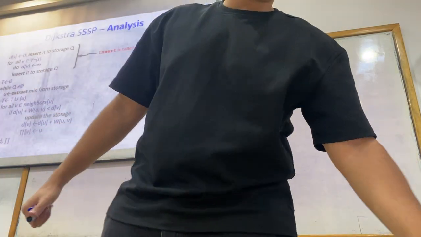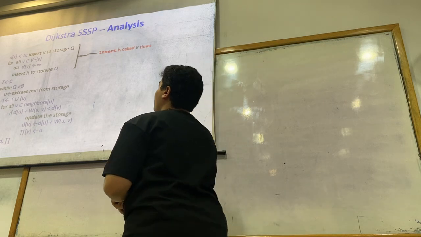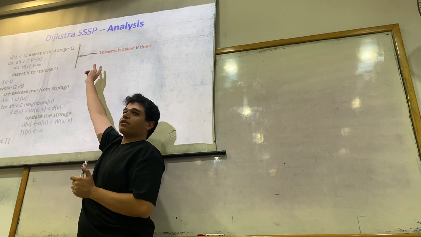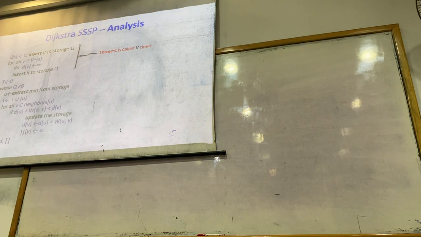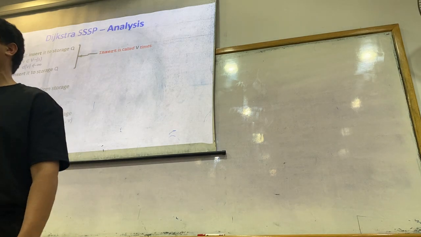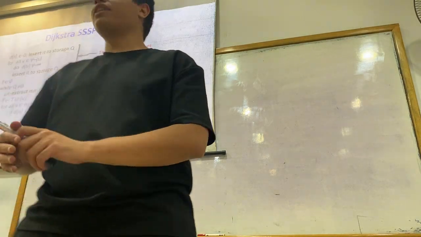Why didn't he specify the complexity for the insert? Because it's different from one data structure to another. The complexity for insertion, update and delete differs depending on the data structure used. If you use a Fibonacci heap, it's different from a priority Q, which is different from a normal array, and so on. So I don't specify the insert complexity here.